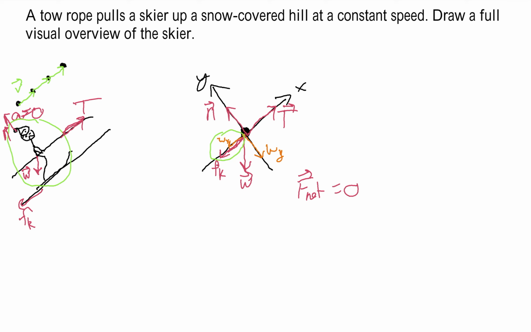We're going up the hill at a constant speed. Tension has to be stronger only because we have a weight vector pulling us down and a friction force resisting us from going up. And those two down vectors add. So tension has to overcome both of them to give us a net force of 0 so that we have no acceleration. And that is why the tension force is actually longer than the F sub k.